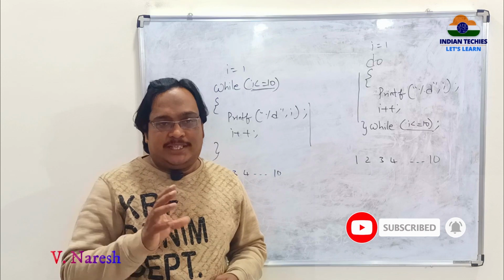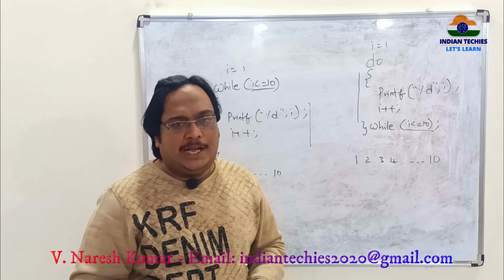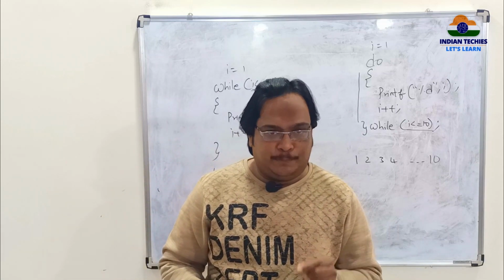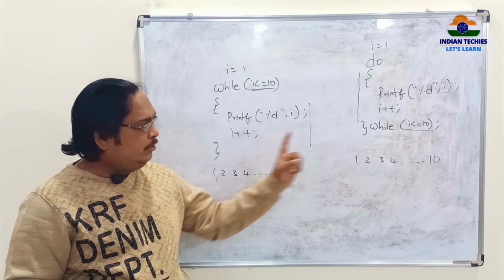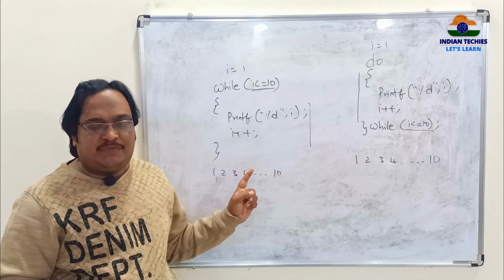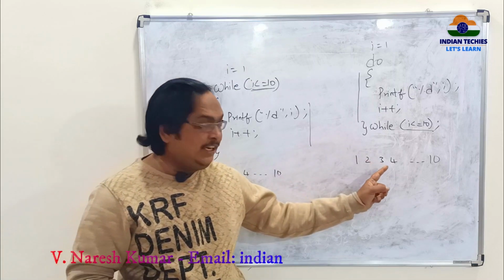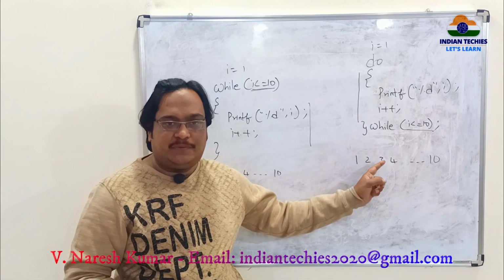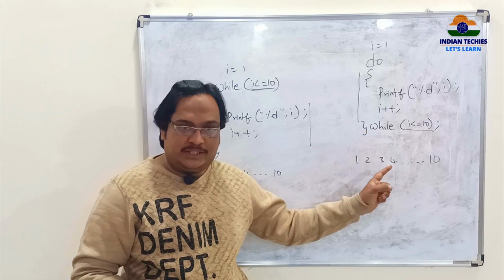Right? So these are the basic differences between while and do while. I would like to remind you of the basic points once again. While is an entry control, do while is an exit control. In while, if the condition is false for the first time, the block is never executed. In do while, even though the condition is false for the first time, the do block will be executed at least once.